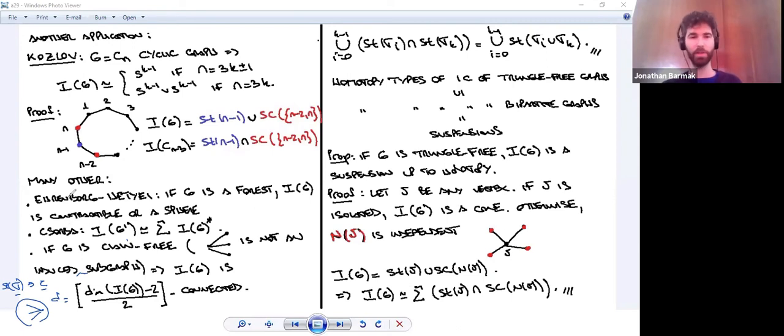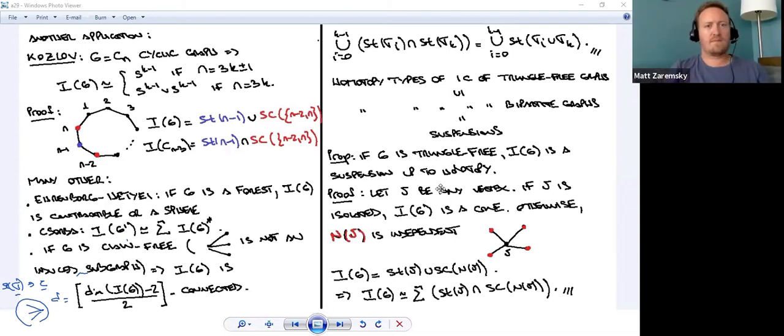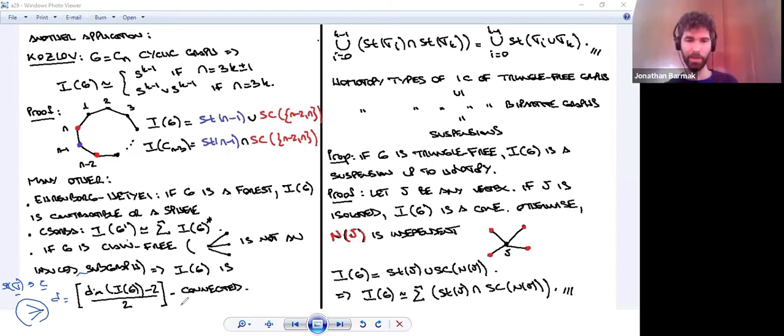Some other results that we can think using the notion of star cluster: a result goes like this. If we have any simplicial complex K, then we can prove that there is a planar graph G such that K is homotopy equivalent to the independence complex of G modulo taking suspensions.